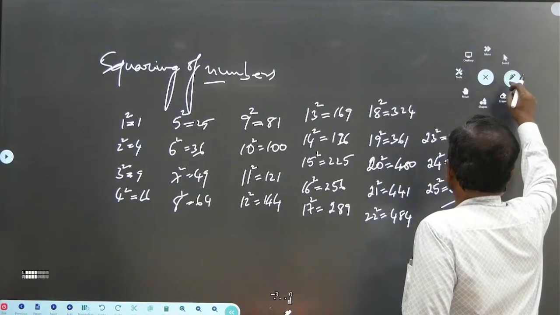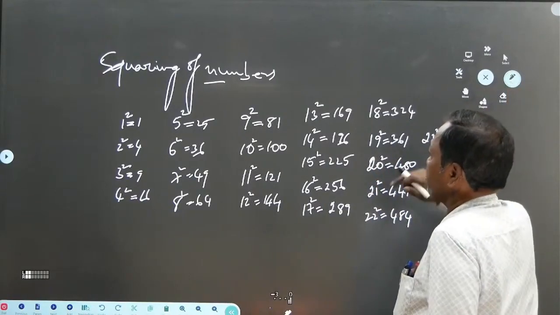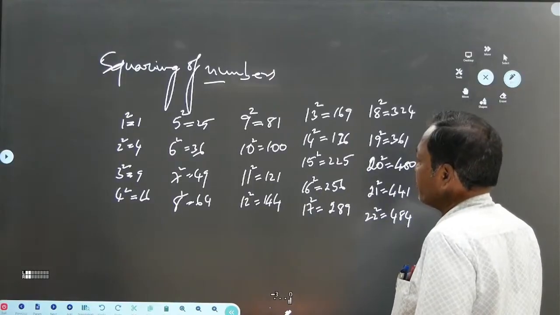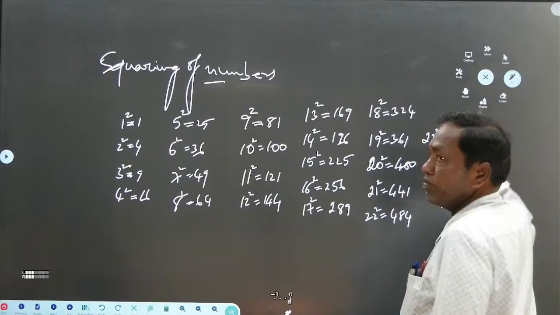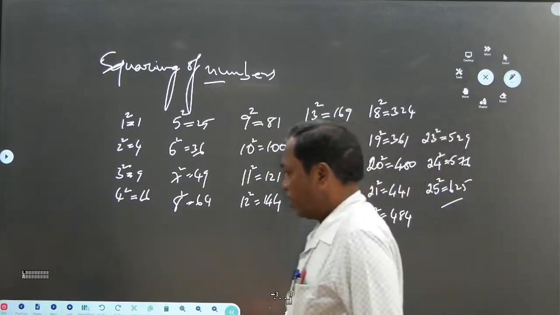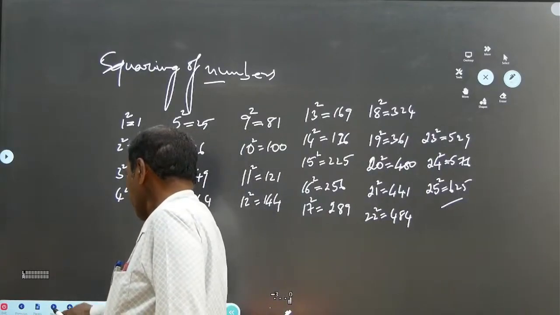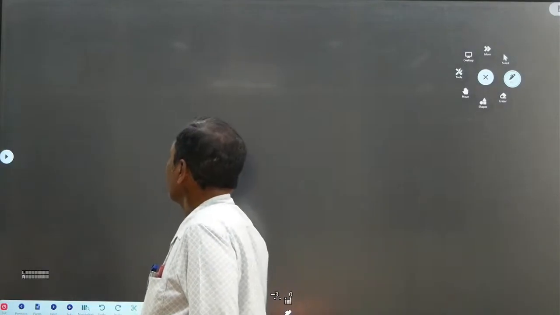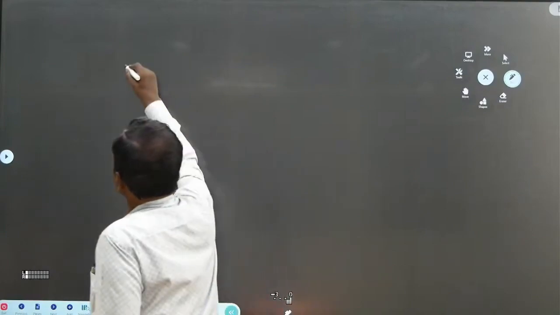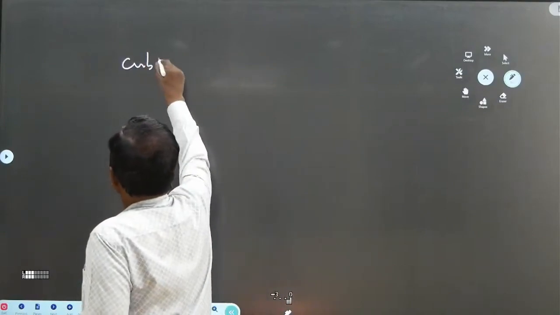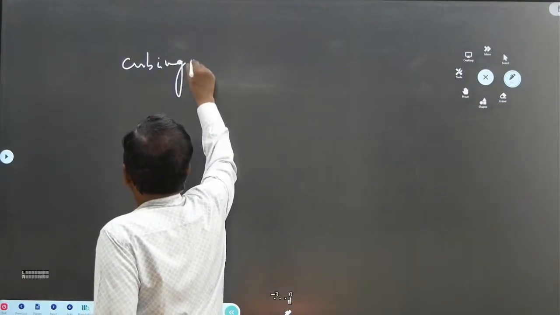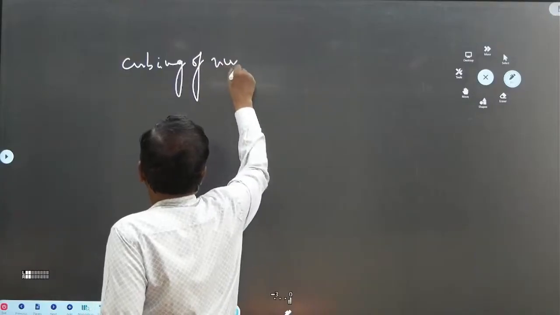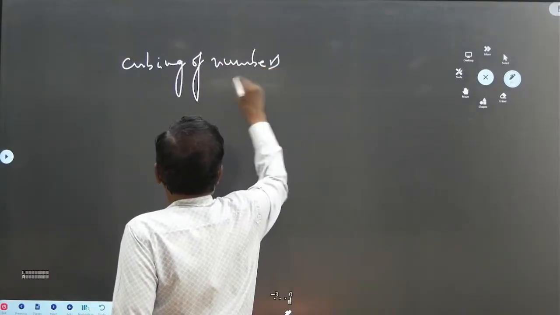Now write the cubes up to 11 cube. Cubing of numbers.